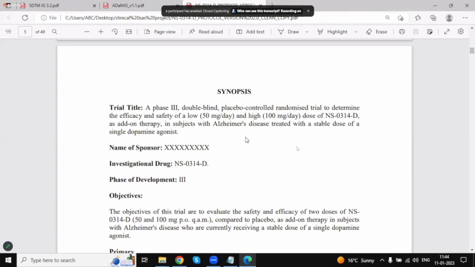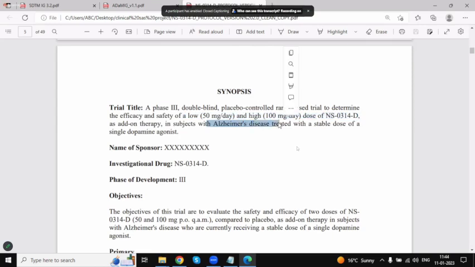Okay, just now, in a high-level sense, understand what they mean here. The title is: they're going to test a drug. There are two doses, a 50 mg and a 100 mg tablet. For which disease? For Alzheimer's disease.